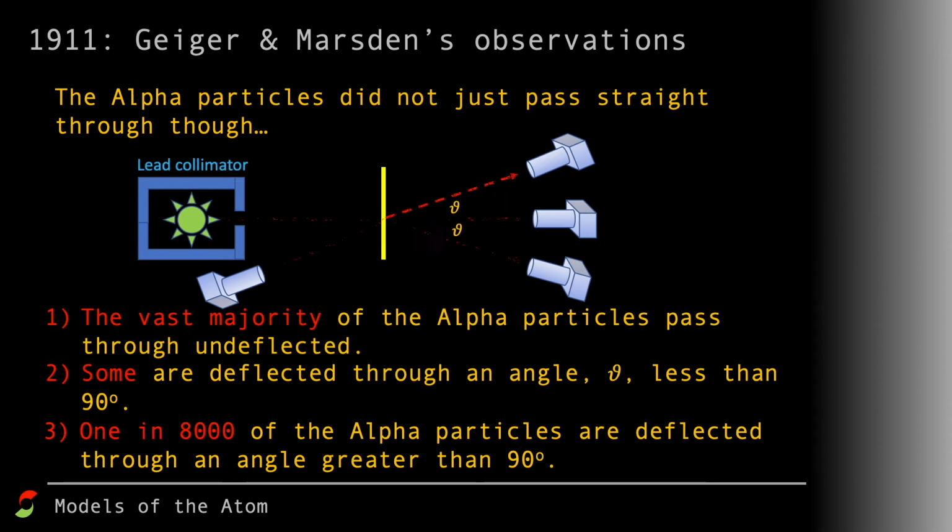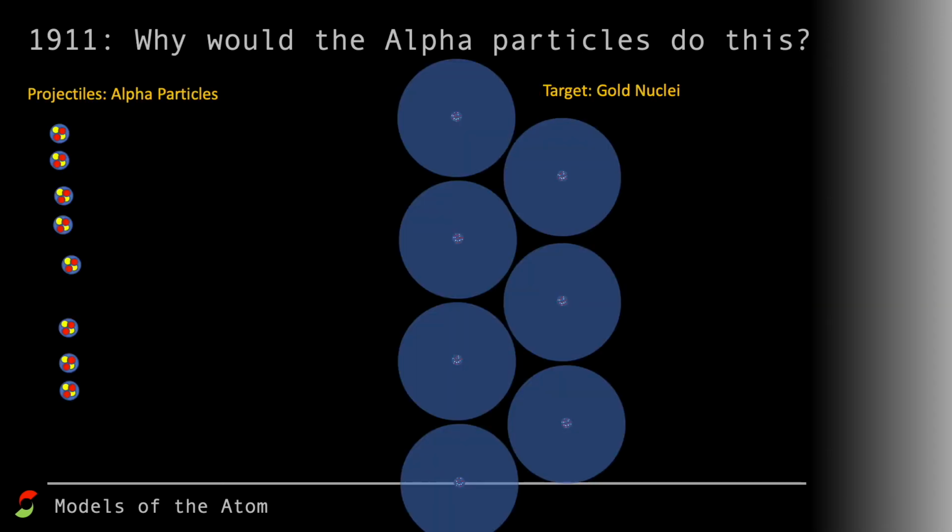So why is it that the alpha particles did what they did? Here we've got our alpha particles on the left-hand side, and we've got our more accepted model of the atom on the right-hand side, with small gold nuclei.